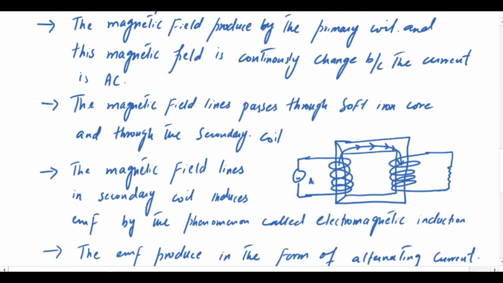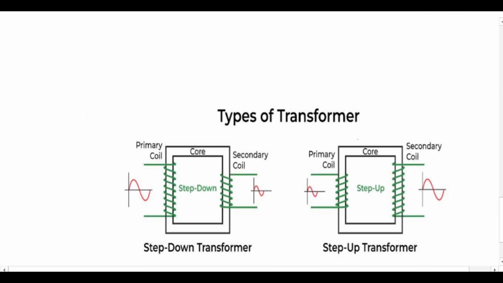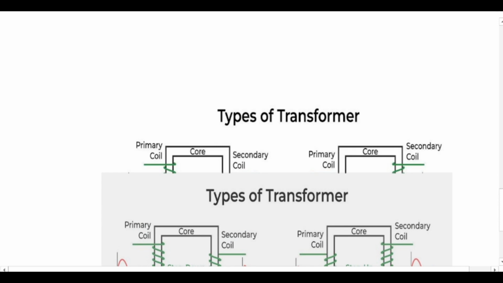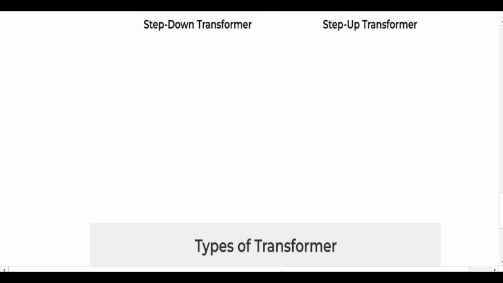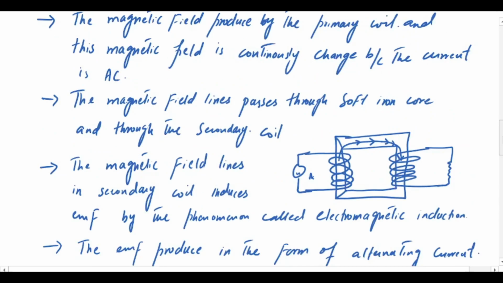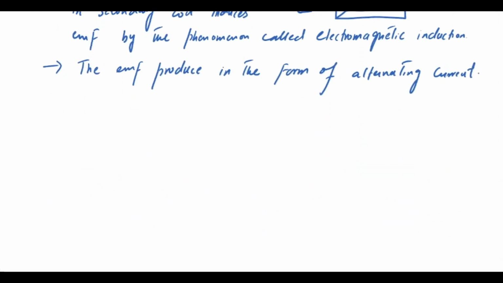Now according to Faraday's law, we know that last time we have done Faraday's law, which is the EMF induced in any coil is directly proportional to the rate of change of flux through that coil.